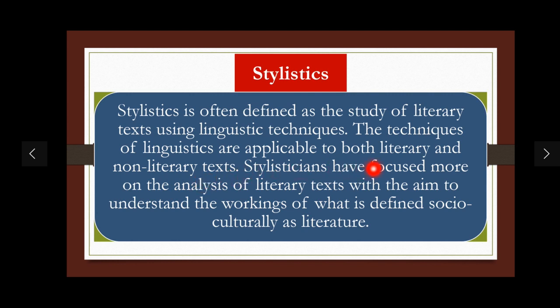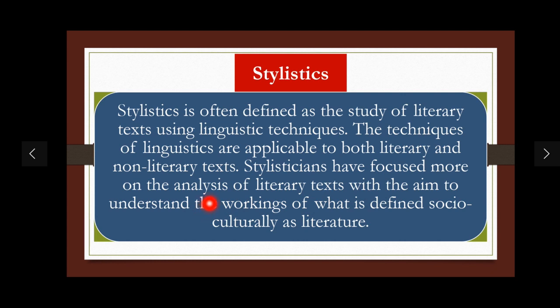When we say literary texts, we are talking about novel, drama, poetry, etc. When we talk about non-literary texts, we are talking about conversation, talk shows, newspaper writing, or everyday life language. So stylisticians have focused more on the analysis of literary texts with the aim to understand the working of what is defined socio-culturally as literature.